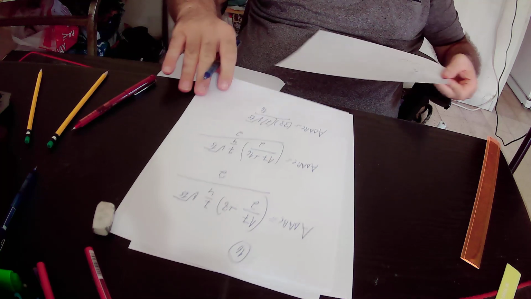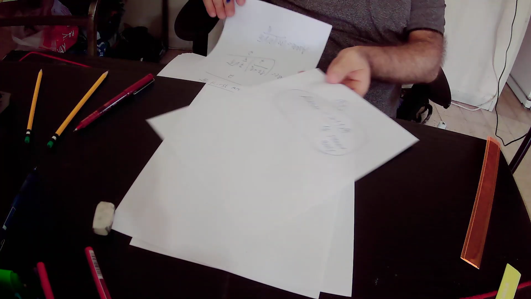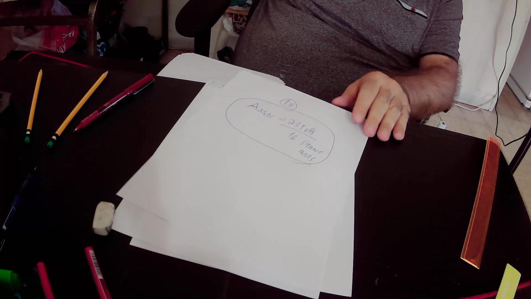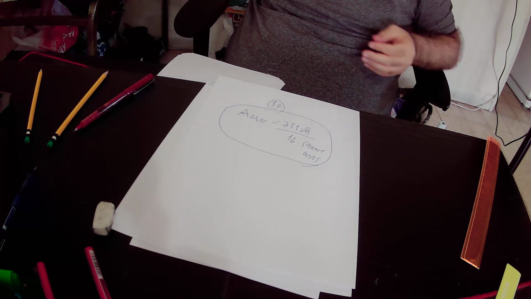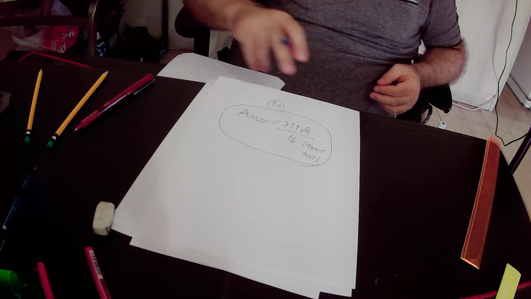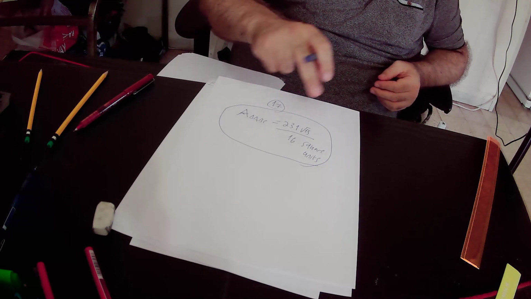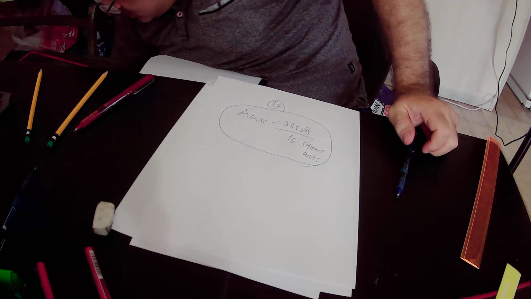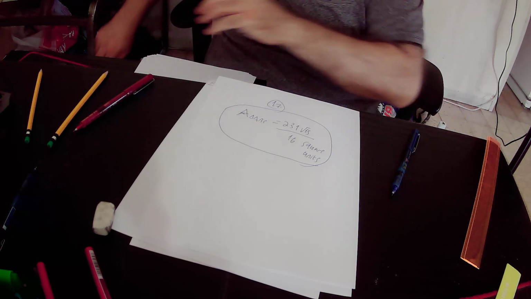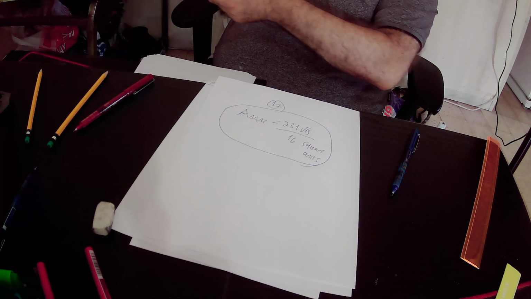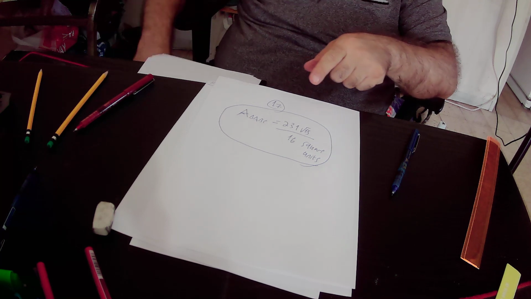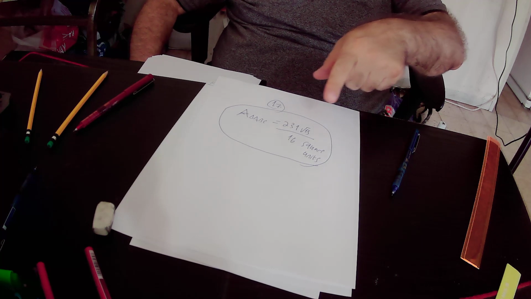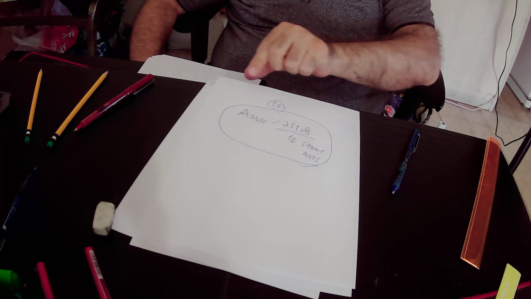So we found out that the area of triangle ABC equals 231 times root 15 over 16 square units. Okay? Again, the area of triangle ABC equals 231 times root 15 over 16 square units.